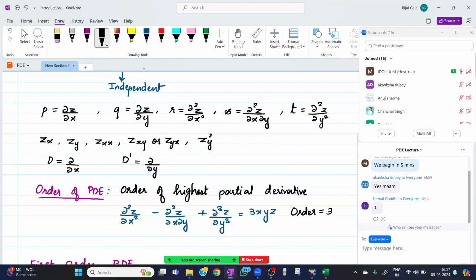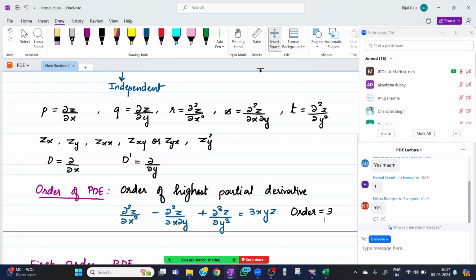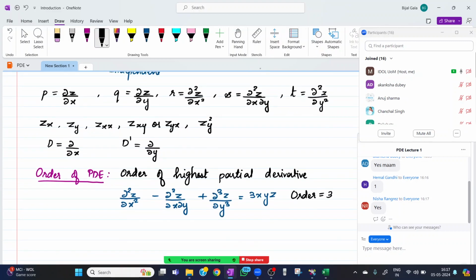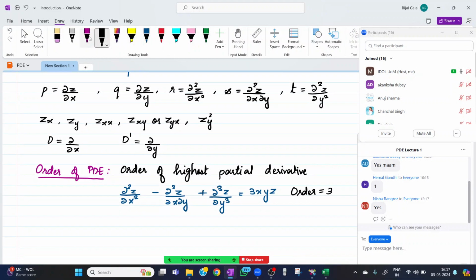Is that okay with everyone? Is this clear? Okay. Moving further. Next comes the degree of the partial differential equation.